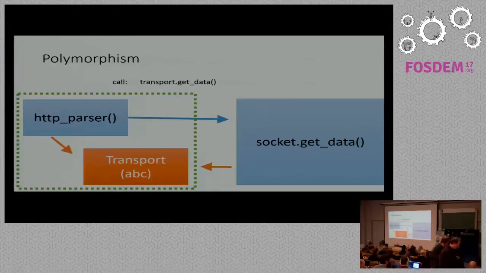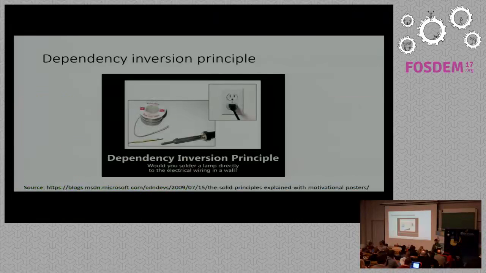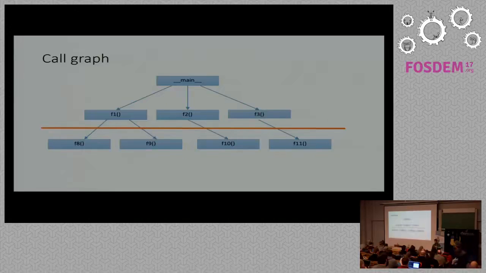So actually it's the low-level code that adapts to the abstractions that the high-level code is expecting. And the arrows that we flipped over here is what we call the dependency inversion principle. So here we solve that connector problem, actually.